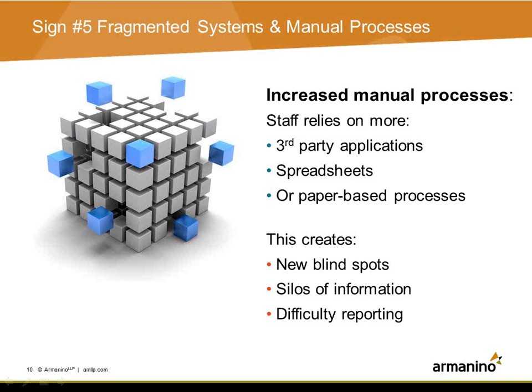And a lot of times these systems don't talk to each other, and there are manual processes brought on board to communicate various things, whether it's spreadsheets or Access databases. And so you get these silos of information, not everything's talking to each other, and it just creates a lot of latency and blind spots in the organization.